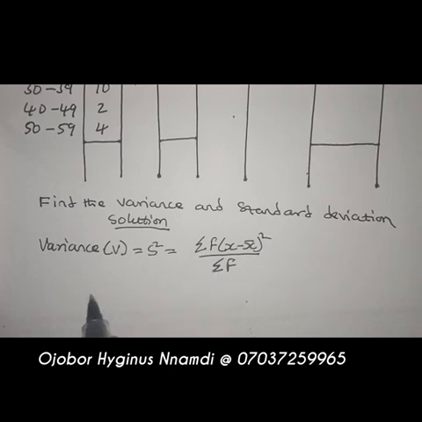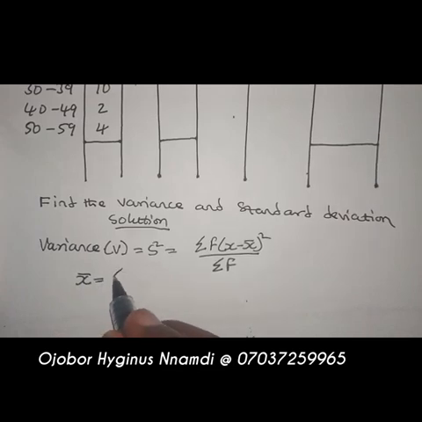That means that we need to first of all find the mean. We know that the mean is sigma F X over sigma F. That means we need the summation of the product of F and X and the summation of F.